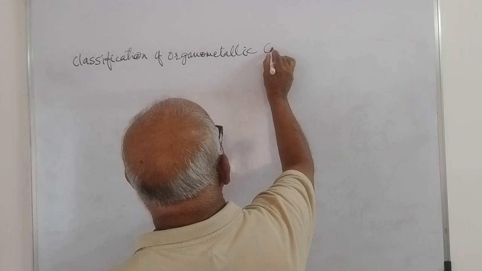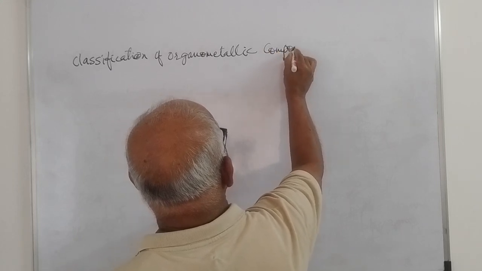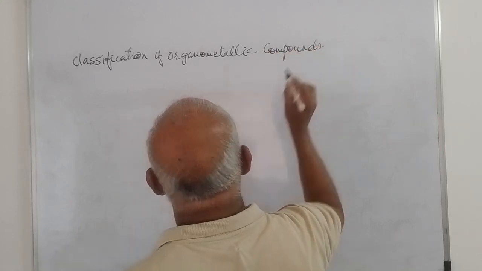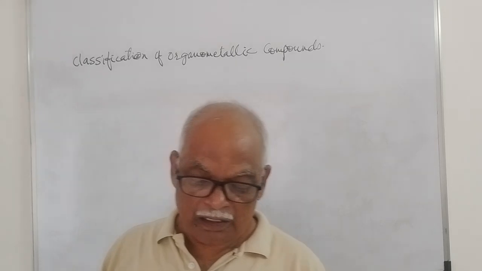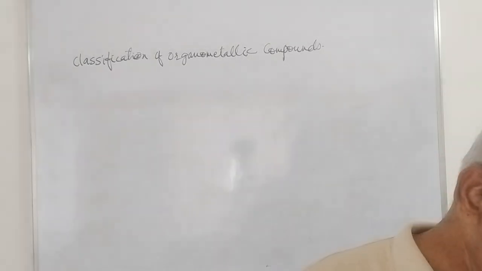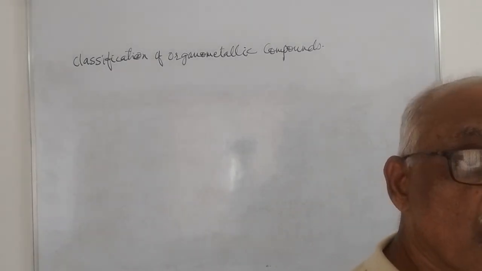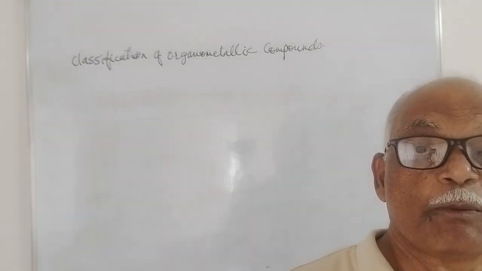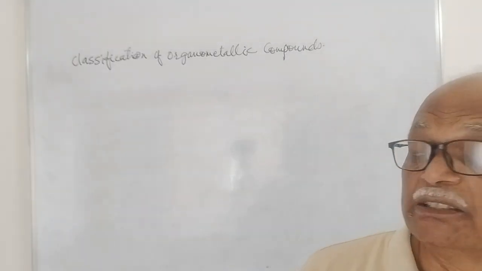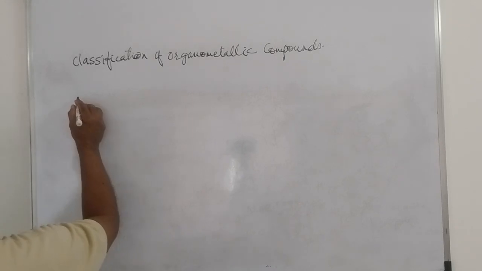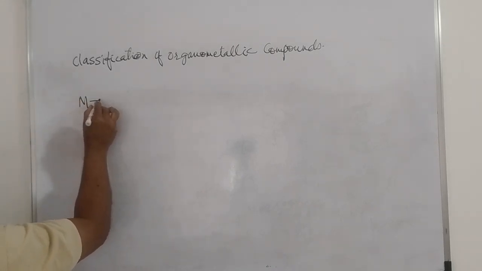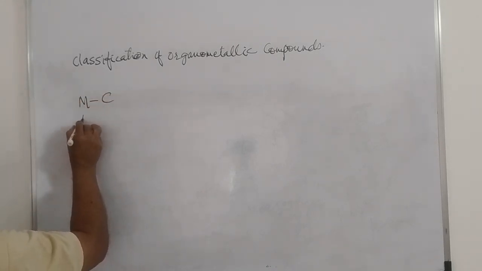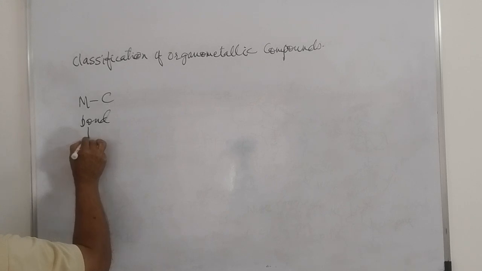Organometallic compounds may be classified mainly on the basis of the type of metal-carbon bond.